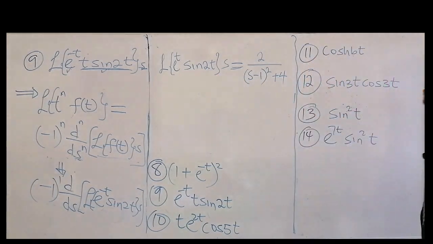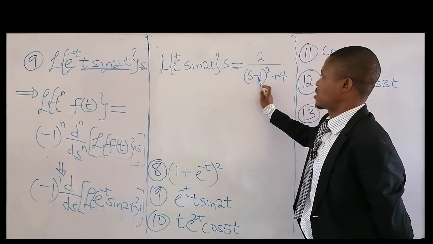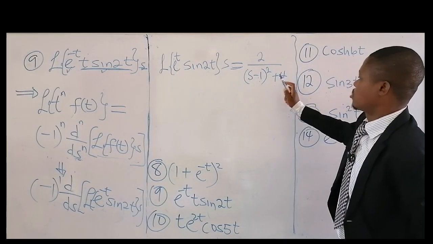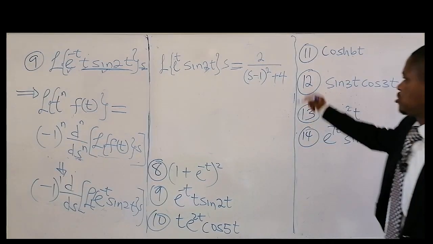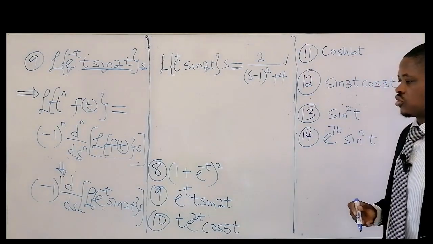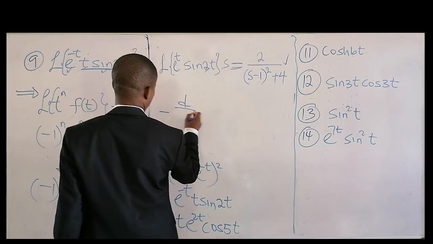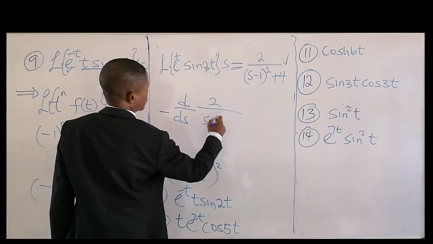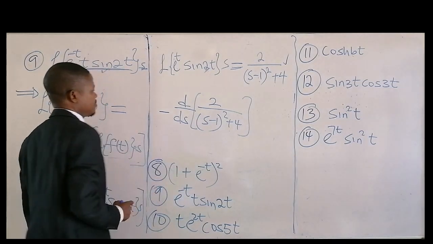The 2 will go up, and then x minus the attachment to your t, which is 1, squared, then plus what you have here, squared. Then let's get the differentiation of this. So don't forget, we have minus d dx of this.